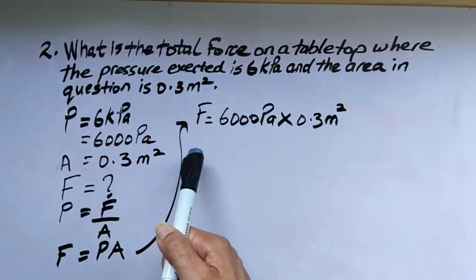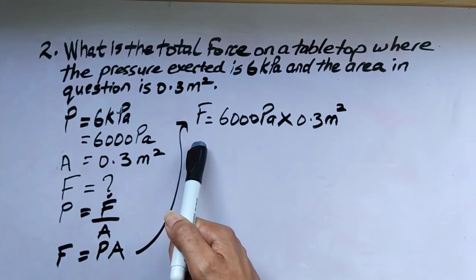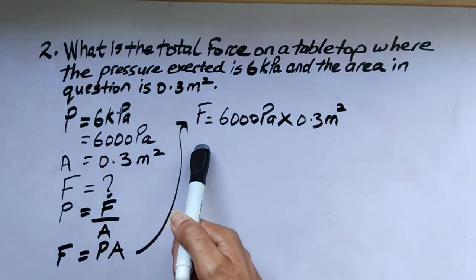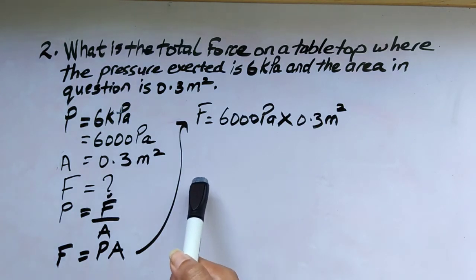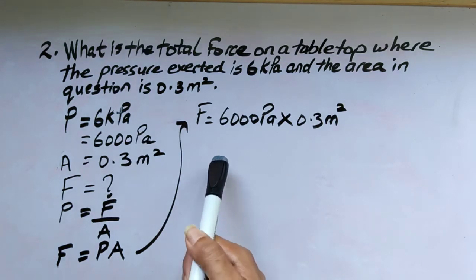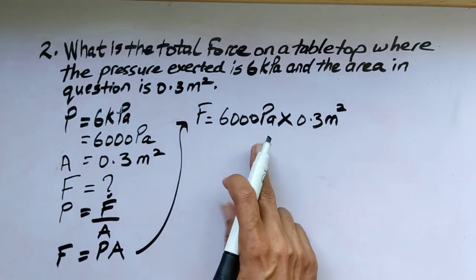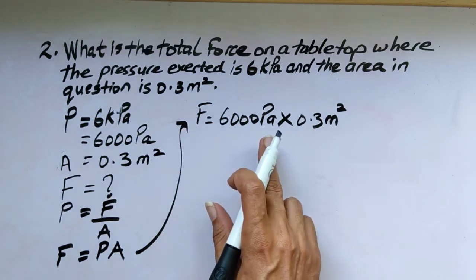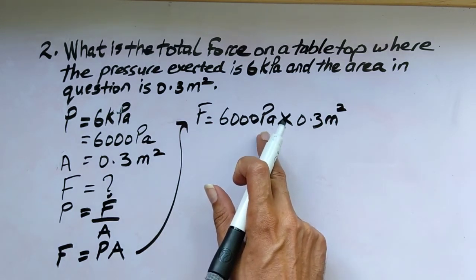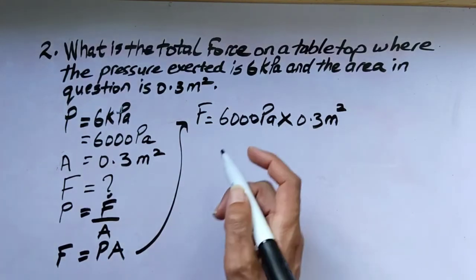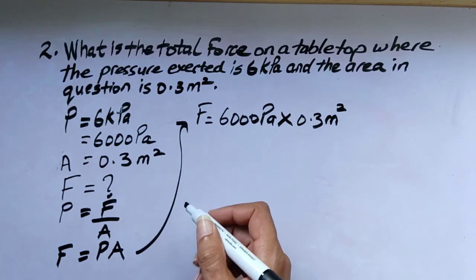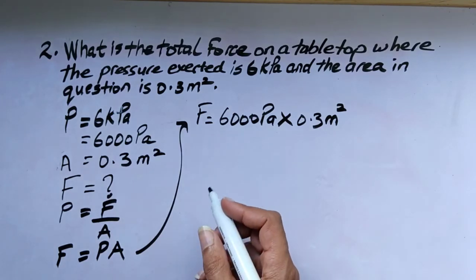Since this is force that we are about to calculate, we want to indicate the value that we find in newtons, because the SI unit of force is the newton, which means at this juncture I will change this pascal to newton per meter squared.